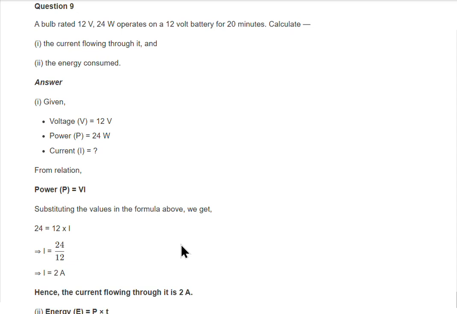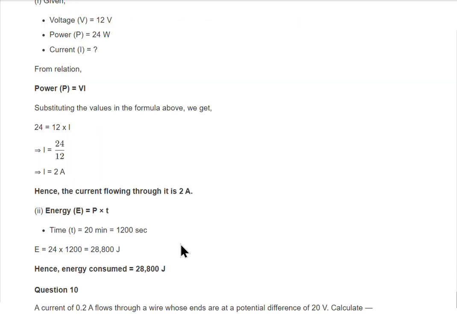That is the first part over. Now next is energy. Energy is power times time, P into T. Time is 20 minutes, that is 1200 second. Power is in watt, so 24 times 1200 is 28,800 joule.